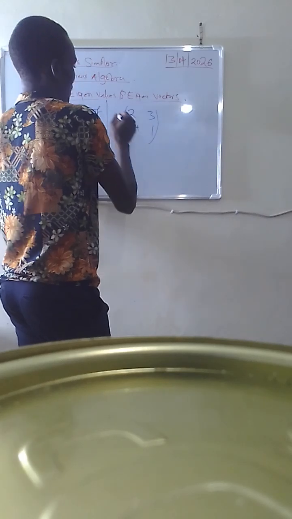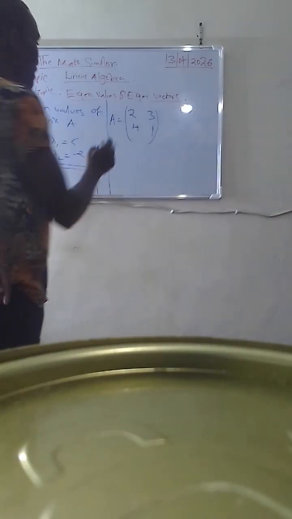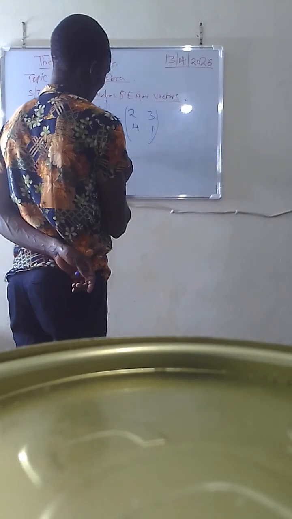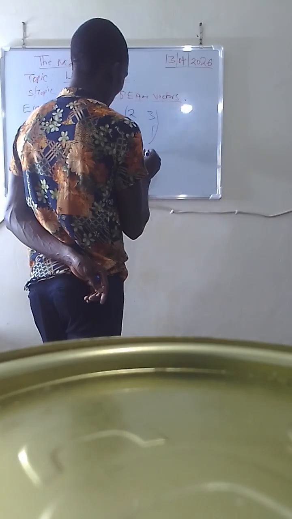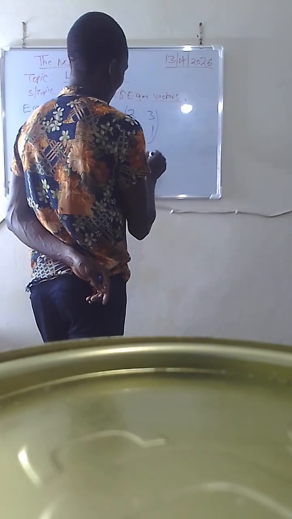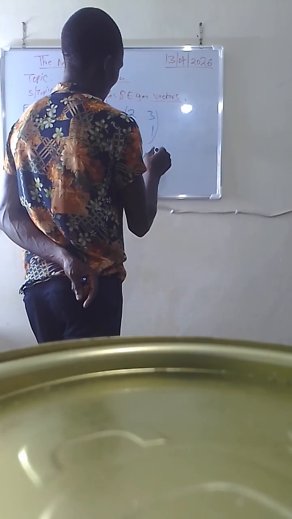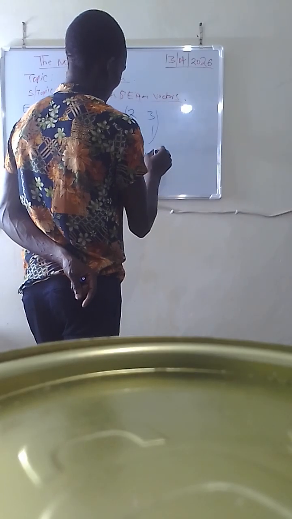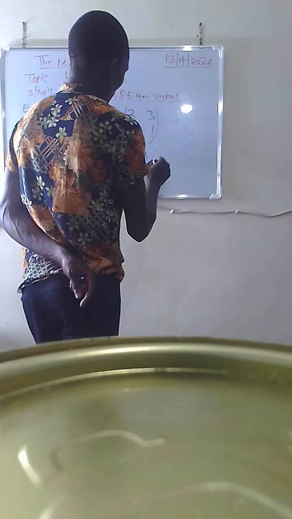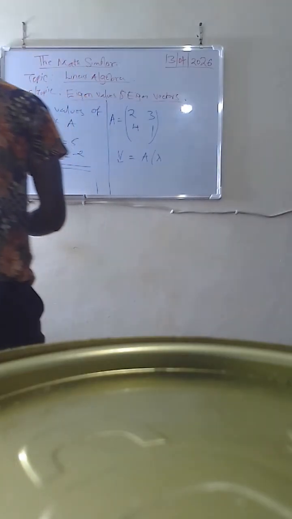That was our A. So the eigenvectors will be A times lambda.